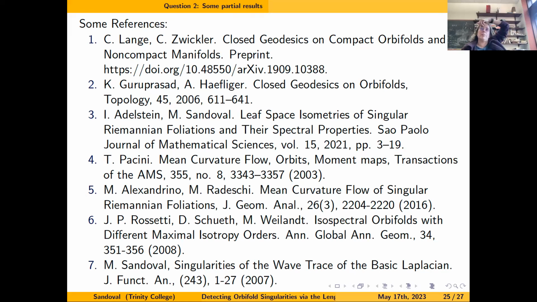But even in that paper, they could not totally establish that every compact orbifold has a closed geodesic. The restrictions on the fundamental group were severe, and there were no known examples.